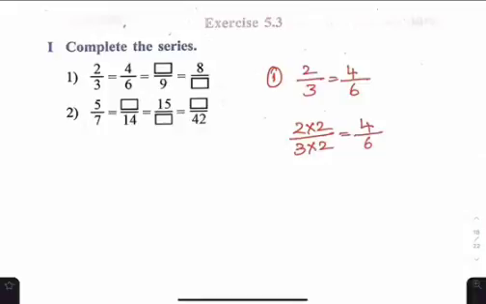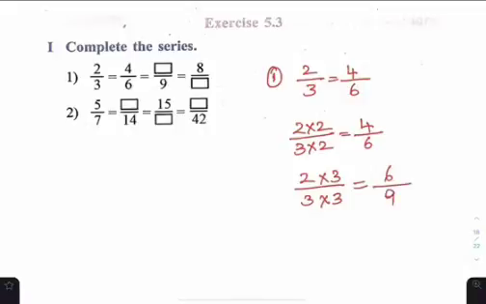So to find the next equivalent, 2 by 3 can be multiplied by 3 for both numerator and denominator, which would give me 3 twos are 6 divided by 9, which I think can be filled here.